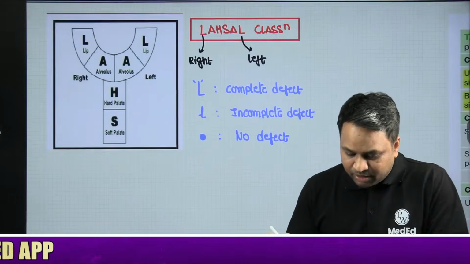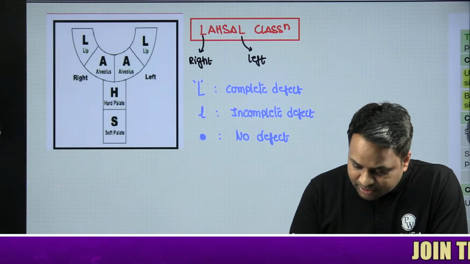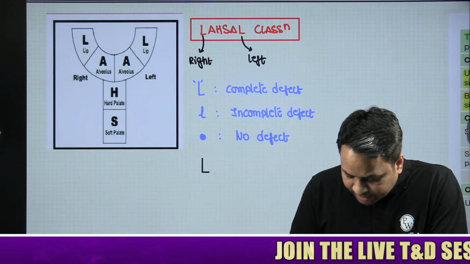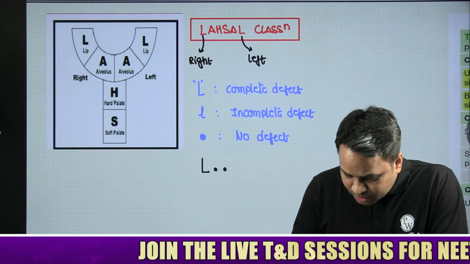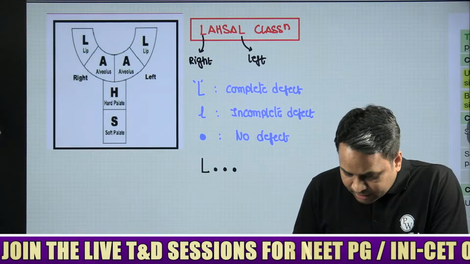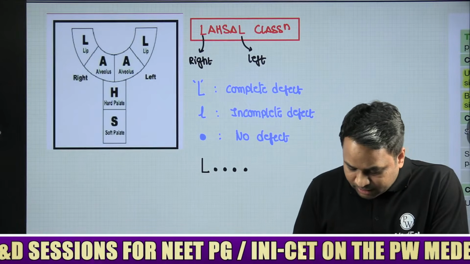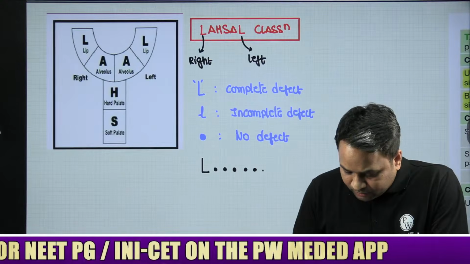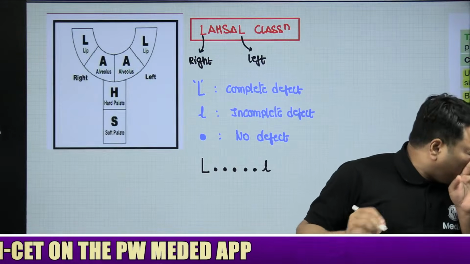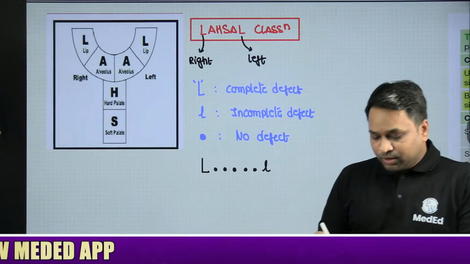Now, for example, I have a patient. If I write it like this, a capital L, then a dot, dot, dot, dot, dot, and then a small l, right? What does it indicate?